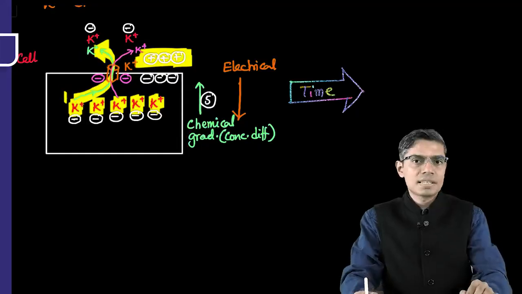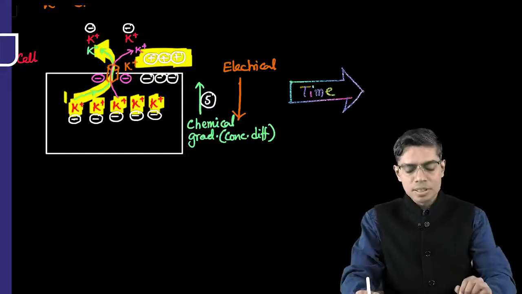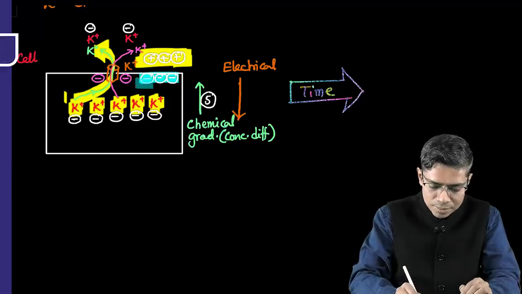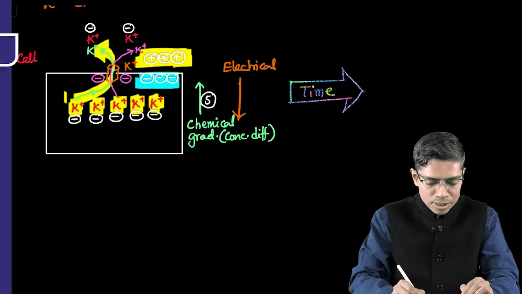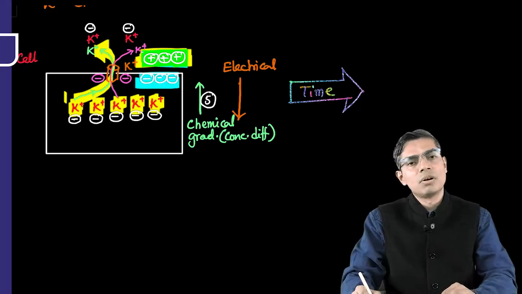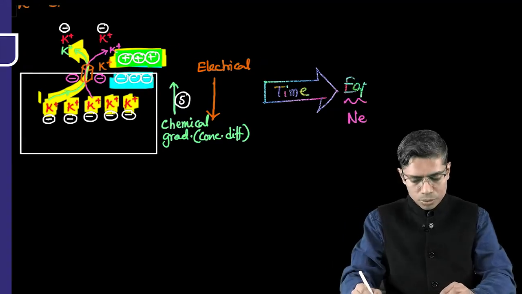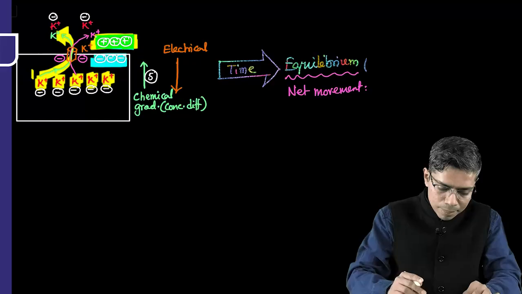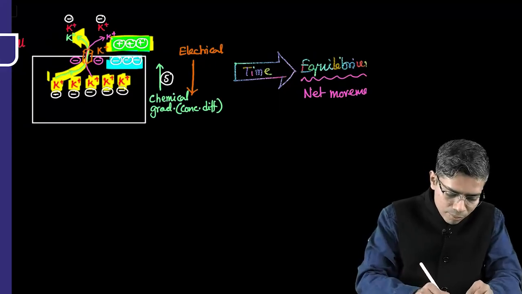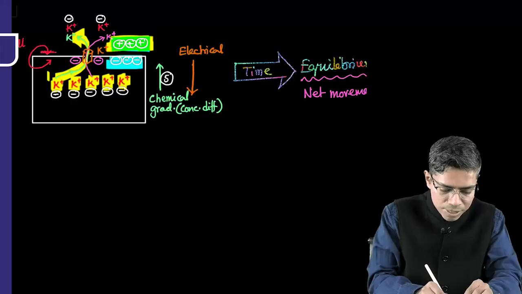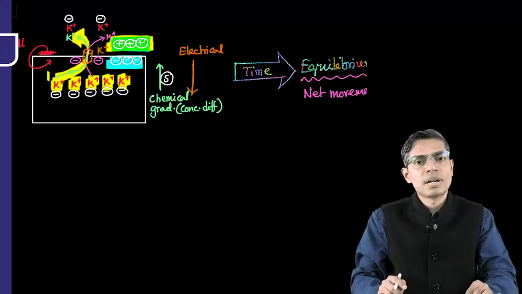But we have already discussed that due to movement of this potassium, a certain amount of negative charge has been deposited in the inner leaflet of the membrane, and a certain amount of positive charge has already been deposited on the outer leaflet of the membrane. So even at this equilibrium condition, if I measure a voltage difference between inside and outside, inside voltage I am measuring with respect to outside, then what am I going to get?